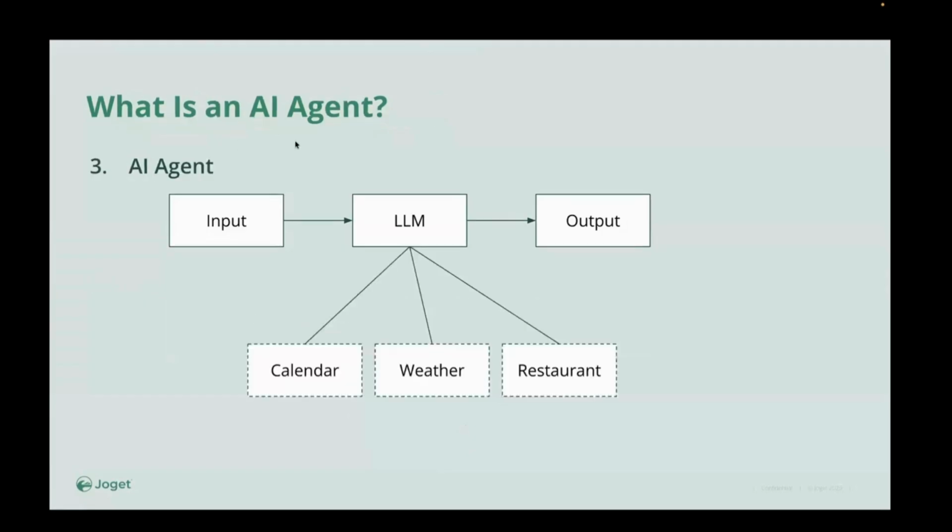This will bring us to the next level, the AI agent. In this case, it will have integrations with, say, calendar, weather, and restaurant. I may put in an input as follows: let's meet up with Alex and Alice for a lunch meeting at an Italian restaurant in, say, downtown San Francisco.